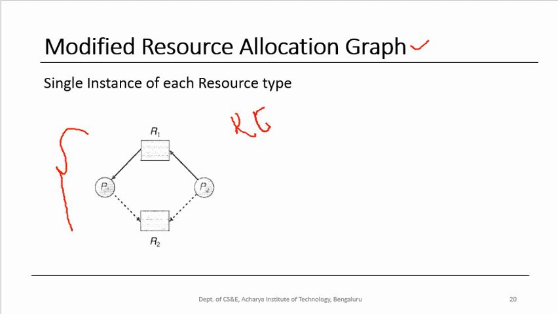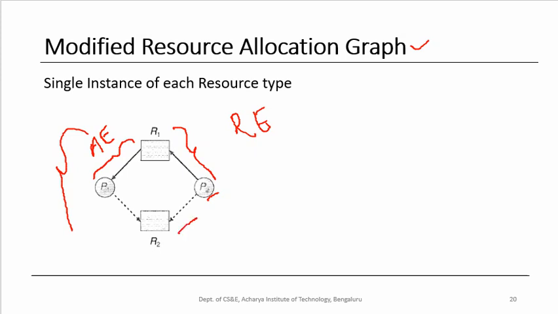What is the request edge? For example, in this edge, P4 is making a request for R1, so this is a request edge. And there is another type of edge, the assignment edge. If the arrow is from the resource type to the process, then this is an assignment edge. These are the two different types of edges which we had talked about when we discussed the resource allocation graph.